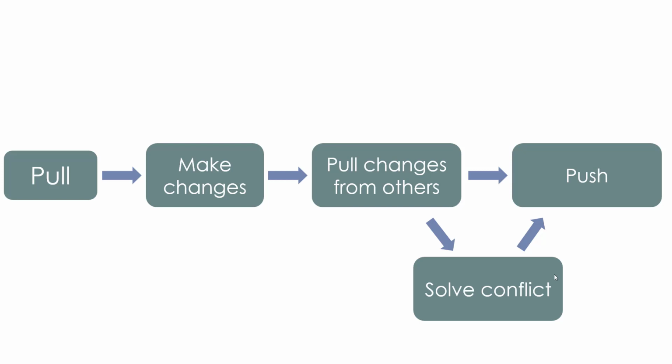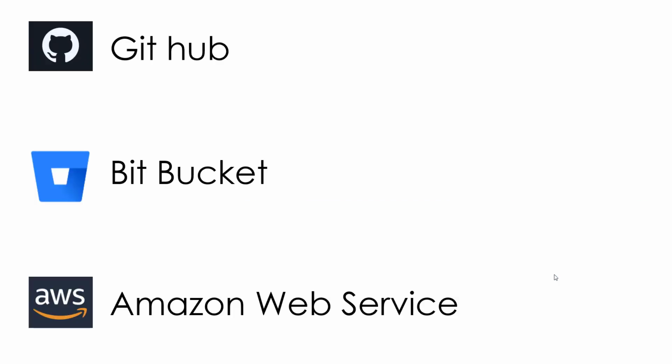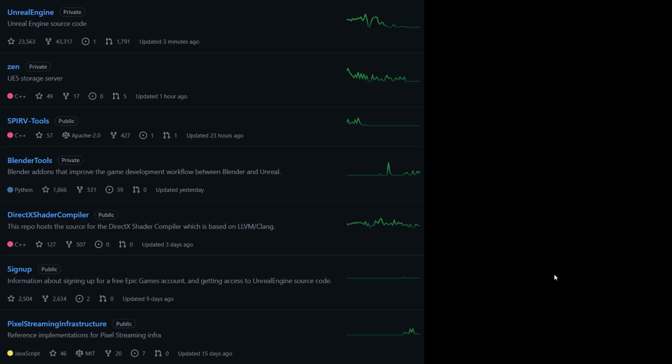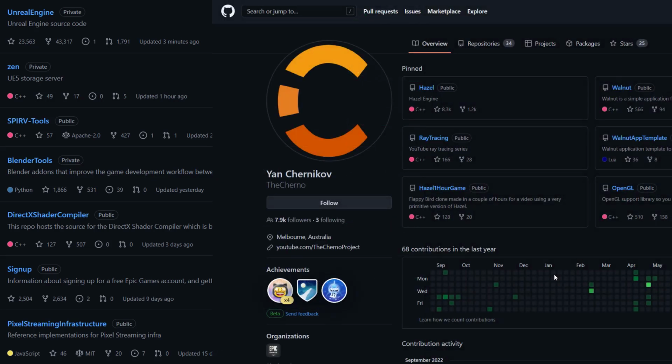Okay. Speaking of the online server, there's a bunch of different services like GitHub, Bitbucket, or Amazon Web Service, and a bunch of others too. And then you can see also that there are a bunch of online repositories from GitHub, like Unreal Engine is actually hosted on GitHub, and there's a bunch of others, right? And also there are other very popular developers like this one, Yan.